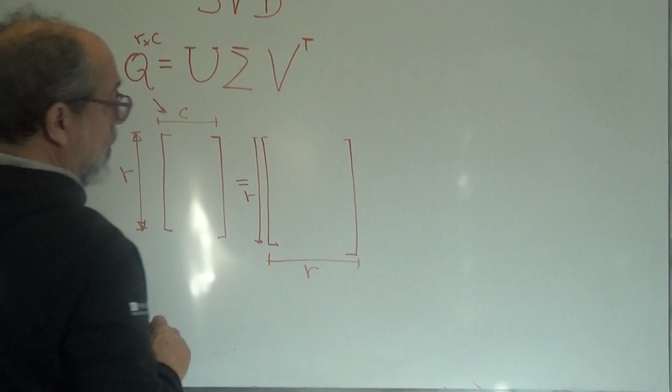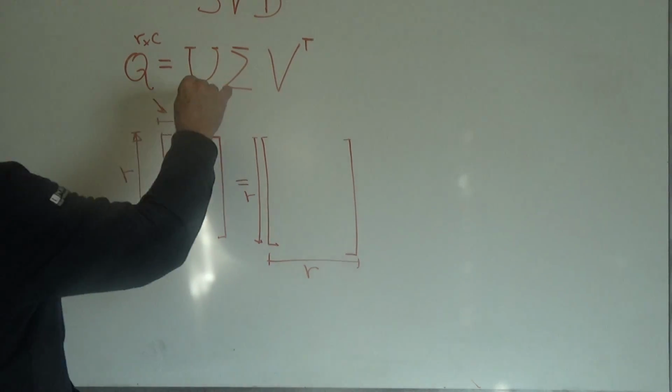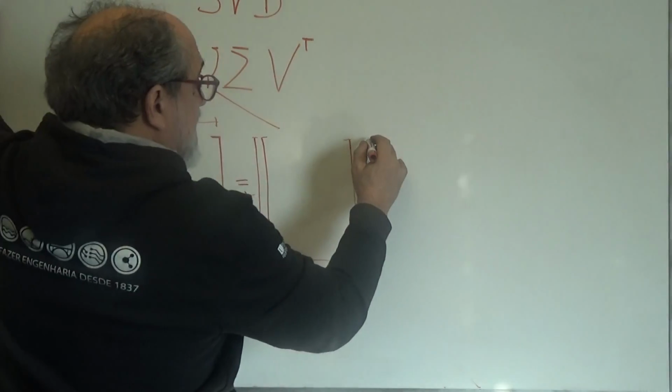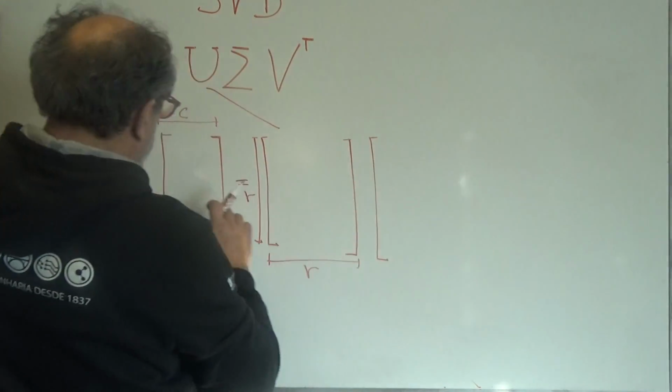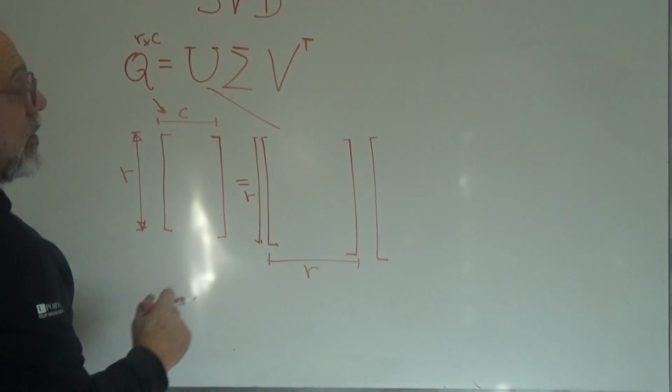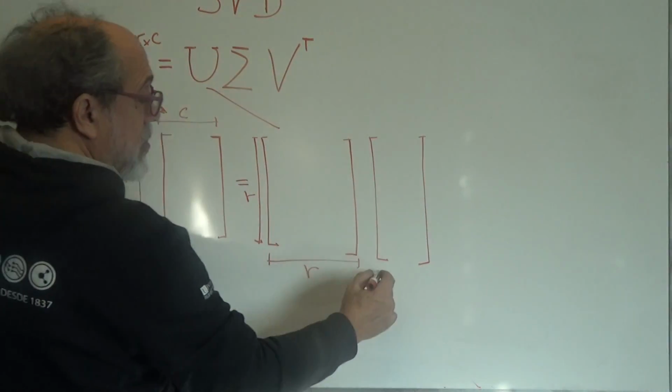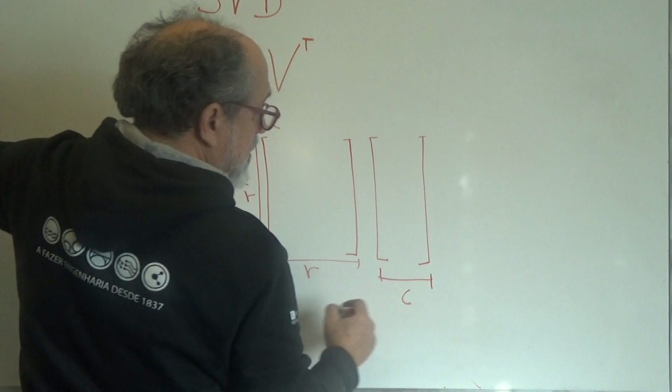So the matrix U is R by R. The matrix sigma is of the same size as the matrix that we are taking the singular value decomposition of, and therefore it has R rows and C columns.